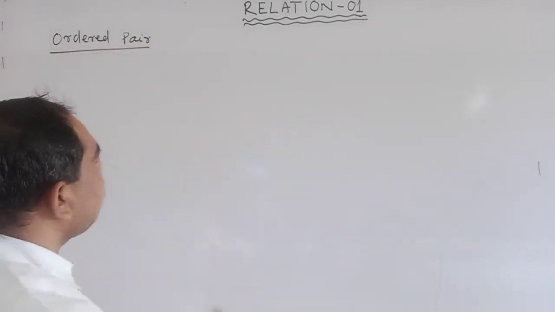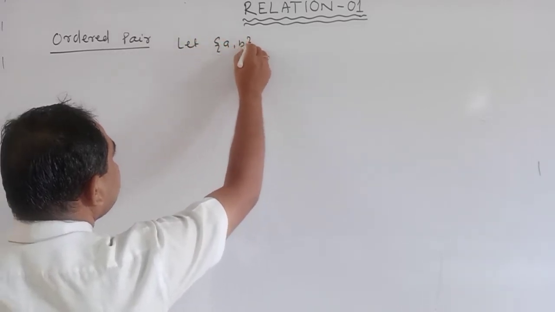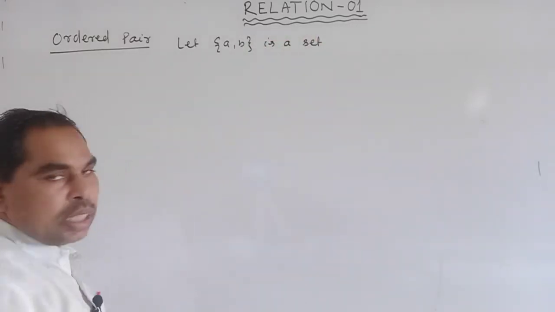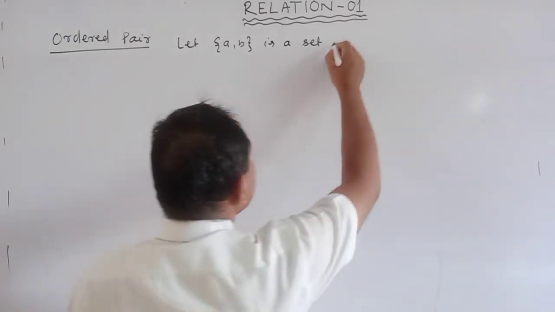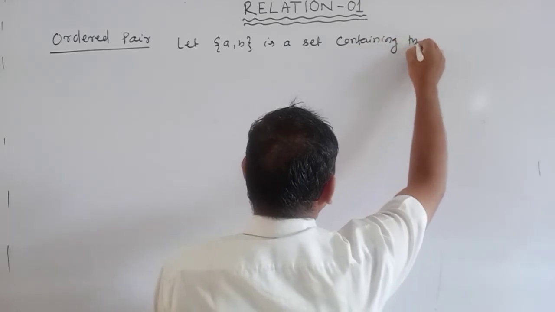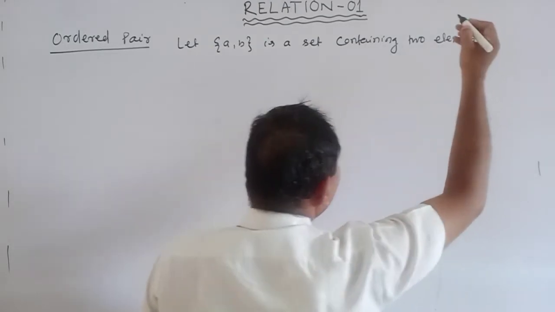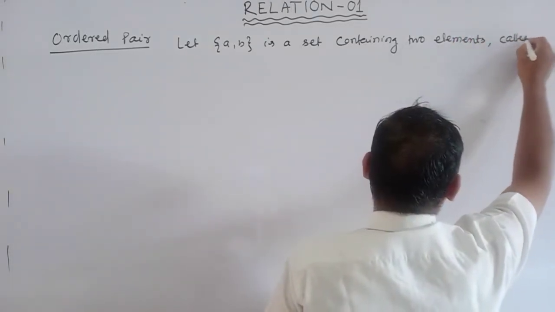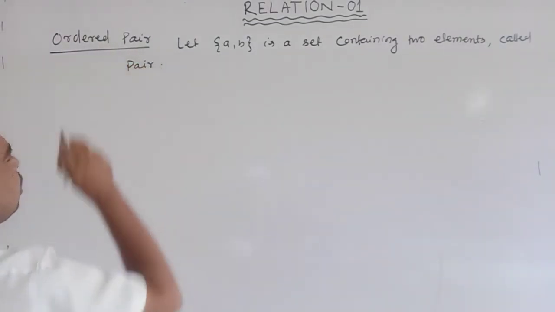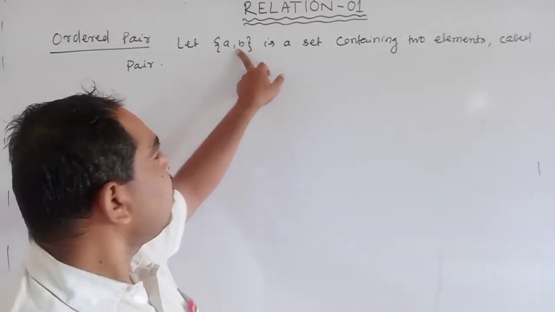Let {a, b} be a set containing two elements, called a pair.